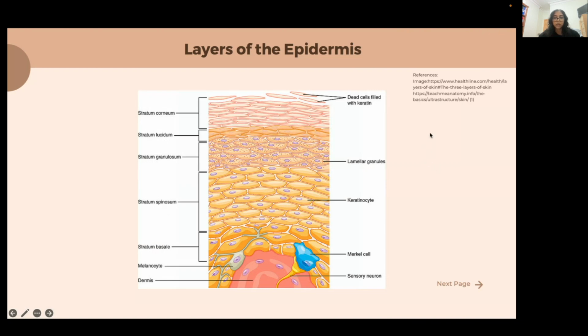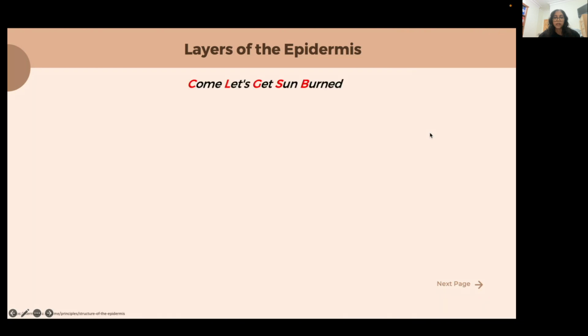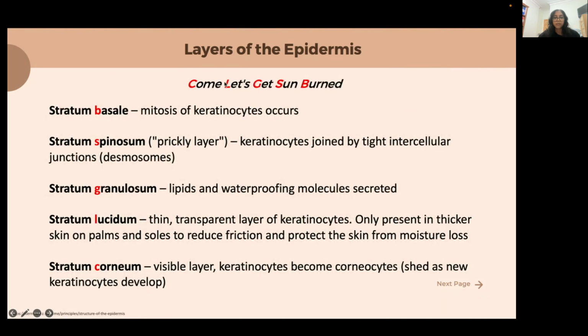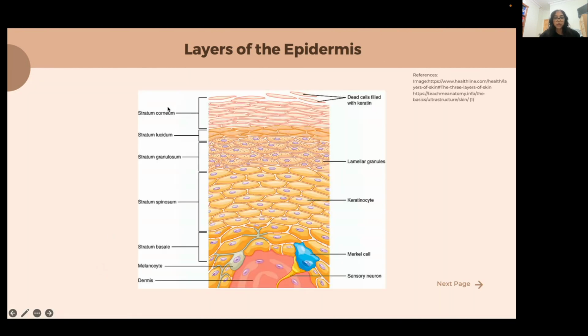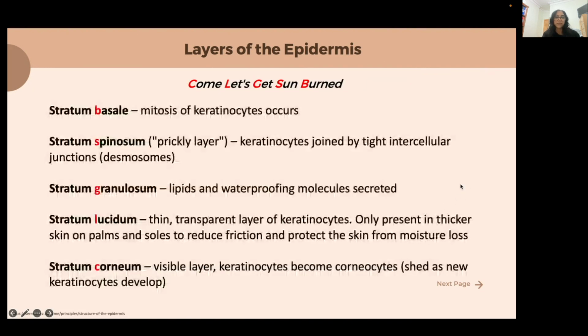This is an acronym that I like to use to remember what the different layers are. So, come, let's get sunburnt. Starting from the top, corneum: come, let's get sunburnt. That's just a quick way to remember it.